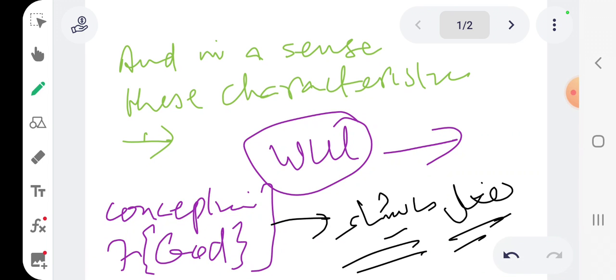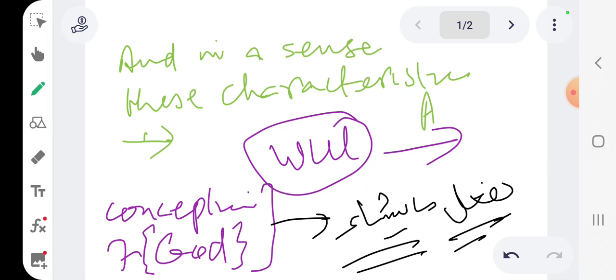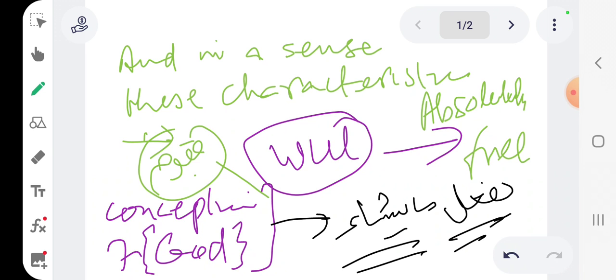He does whatever he wants. So in that sense, his will is absolutely free. And he is qayyum, that is self-sustaining.